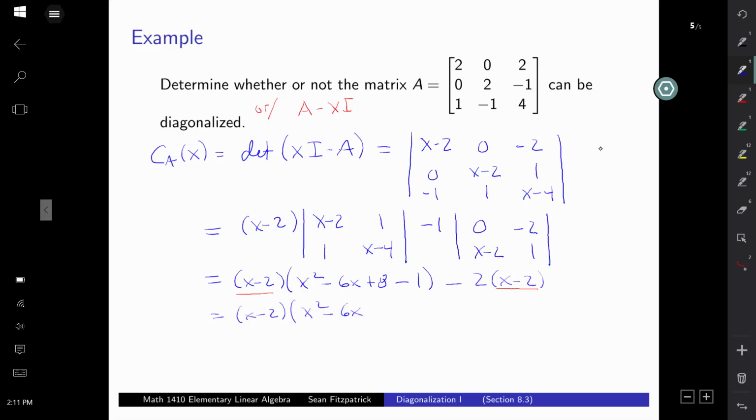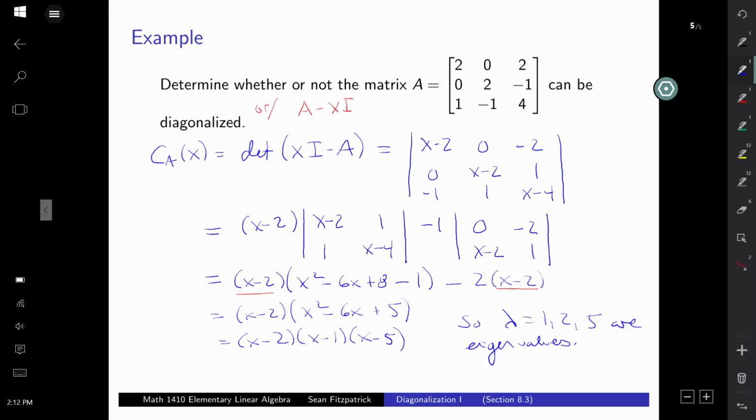Here I've got plus 7, but I'm subtracting 2, so that leaves me with 5, okay? So now I've just got to factor that quadratic, and that's something I can handle. I get x minus 1 times x minus 5, and so I get lambda equals 1, 2, and 5 as my eigenvalues.